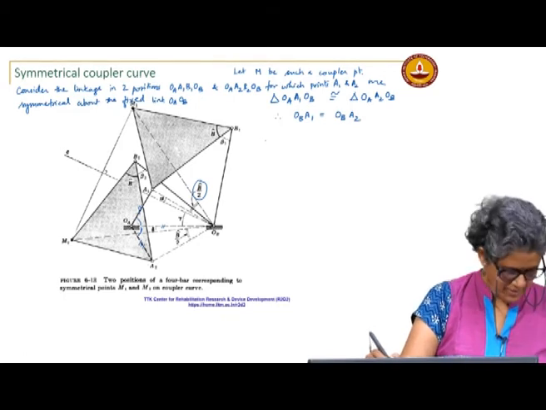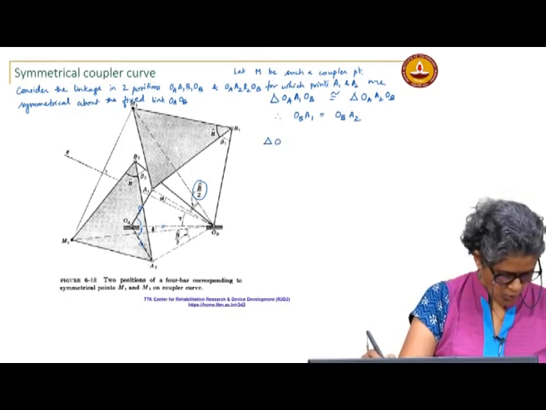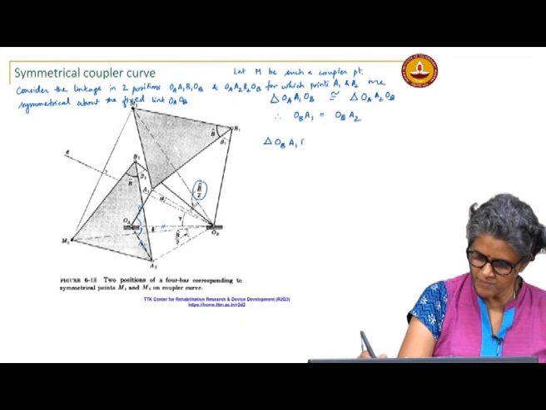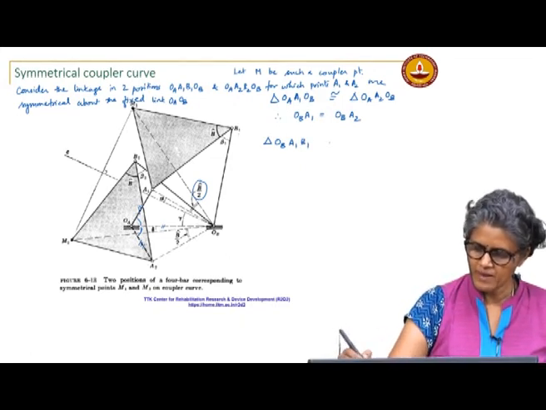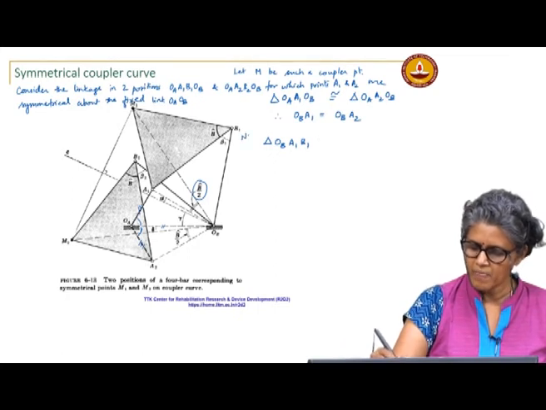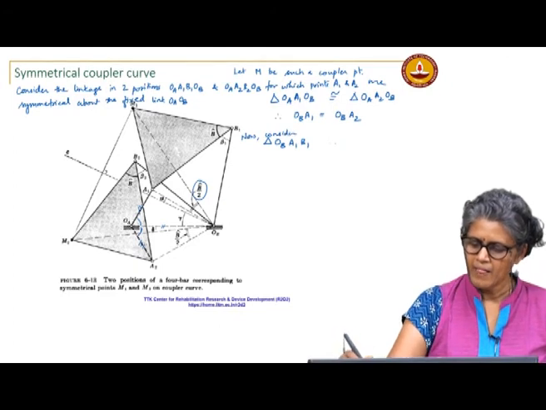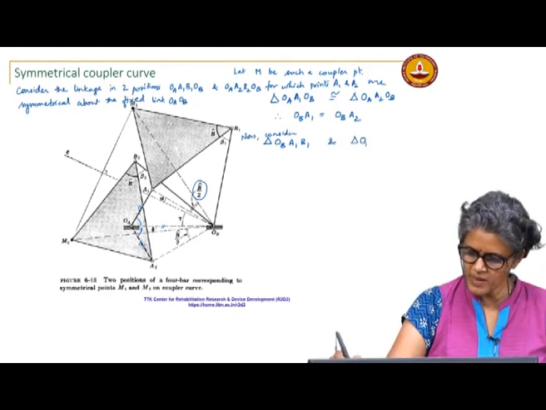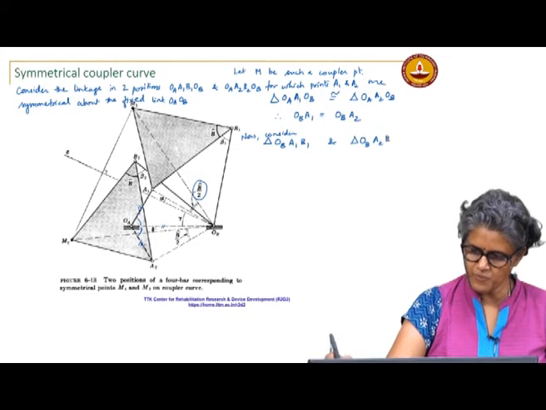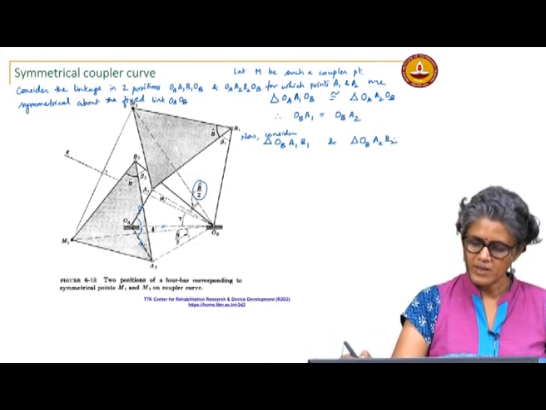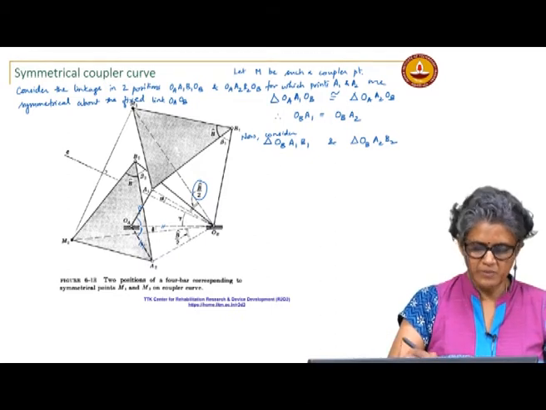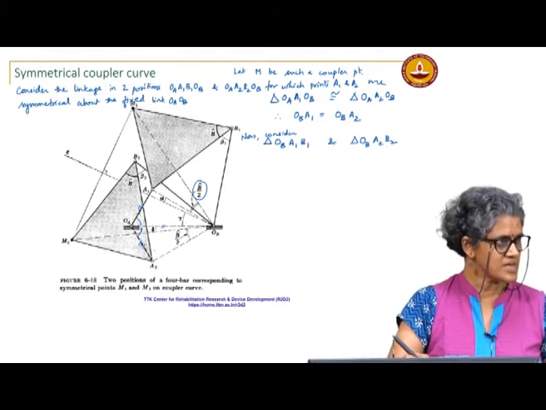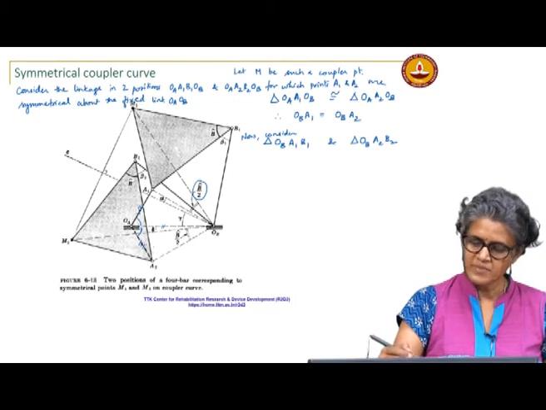Now, if I look at triangle OB A1 B1 and triangle OB A2 B2. A1 B1 equals A2 B2, so same coupler base, right.